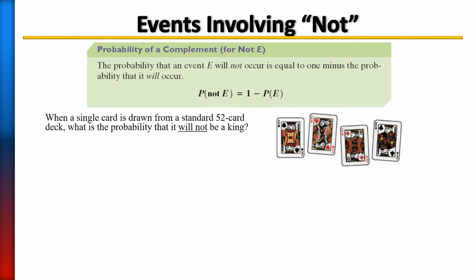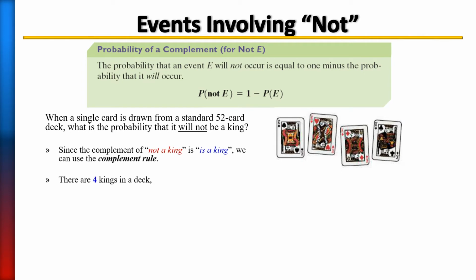So what is the probability of not getting a king? Well, all we have to do is find the probability of it being a king and then do 1 minus that, and you'll get the probability of not a king. There are 4 out of the 52 cards that are kings.